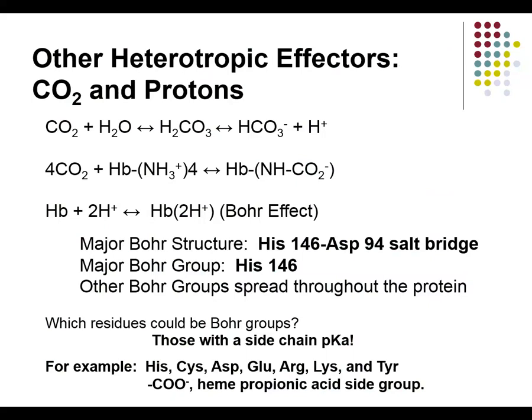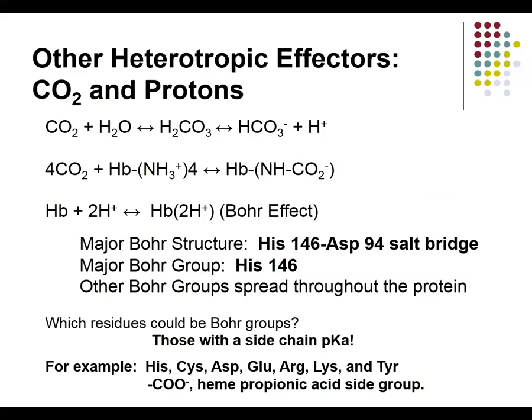However, there are additional Bohr groups, and this is known because histidine 146 has been mutated to a non-Bohr group molecule such as a serine. This reduces the Bohr effect. It still lowers the oxygen affinity and is still dependent upon the pH. However, the magnitude of dependence has been reduced, but it's still there. So that means there are additional Bohr groups.